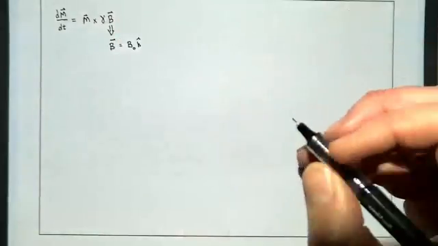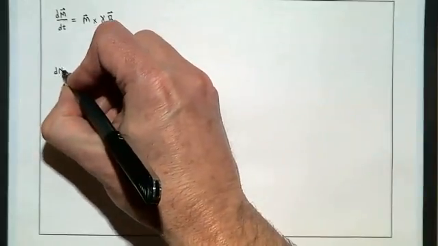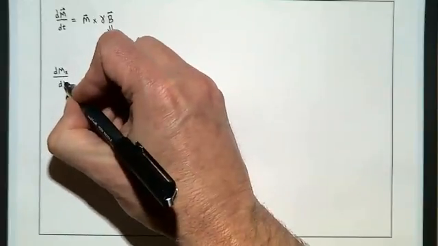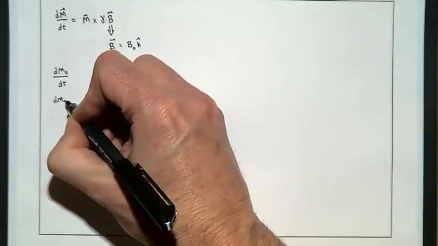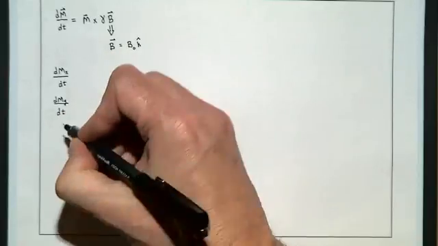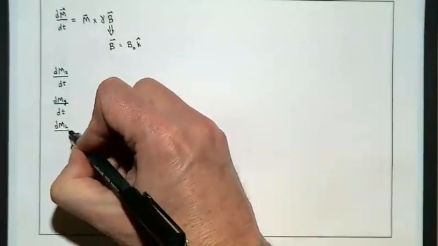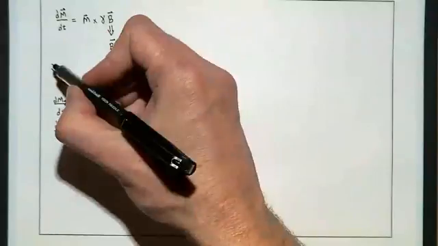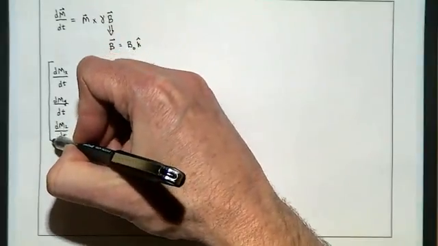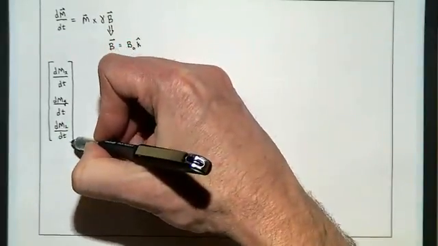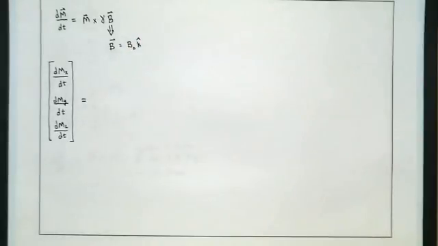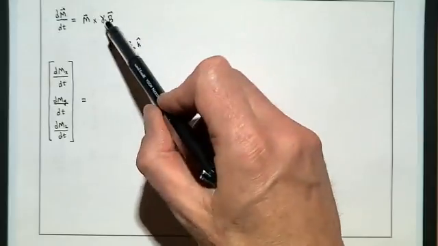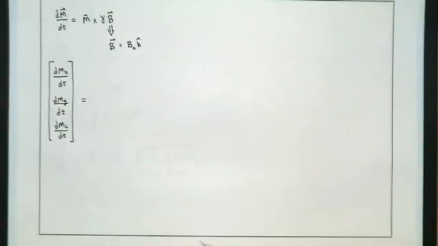And so the way I'm going to do that is I'm going to write dMx/dt, dMy/dt, dMz/dt. Those are just the components of the left-hand side of the equation of motion, and they're just going to form a vector for me. And they're going to be equal to, and you'll see how this bears out in just a second, we can write this cross-product term on the right-hand side as a determinant.